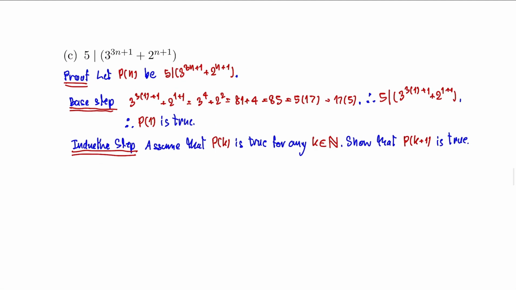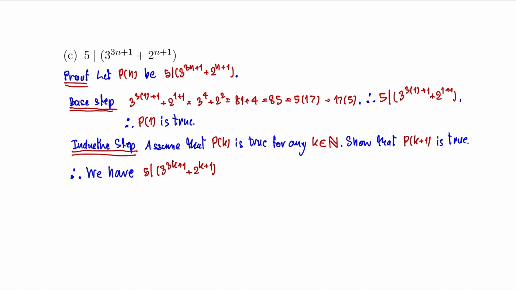So now we have P(k) is true. What do we have? We can have 5 divides 3 raised to the power of 3k plus 1 plus 2 raised to the k plus 1. That's what we have.